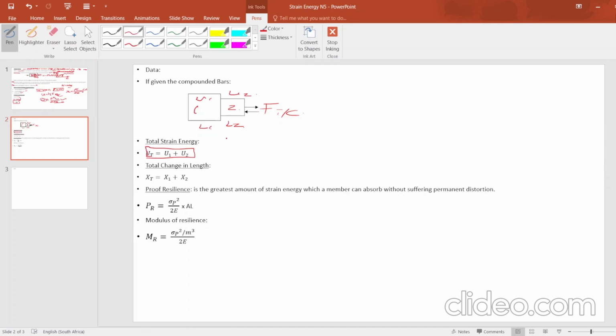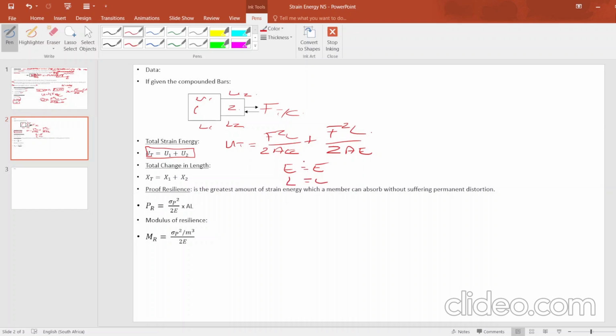Now, under gradually applied load, that means you have UT equals F squared L over 2AE plus F squared L over 2AE. Now, if it is of the same material, then the E would be the same, right? If the lengths are the same, then length equals length.